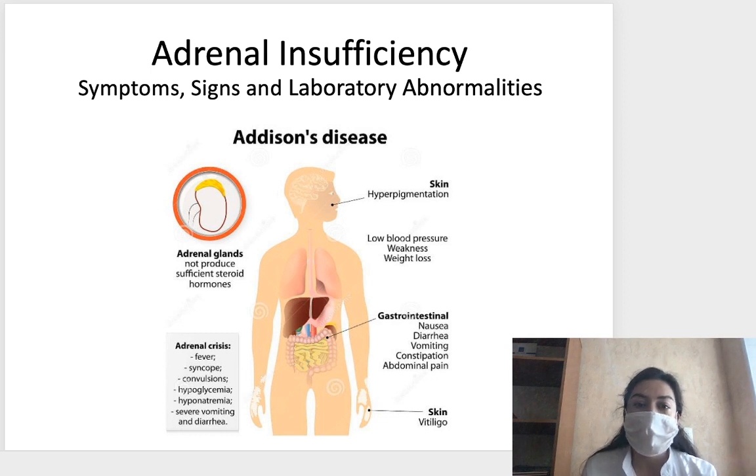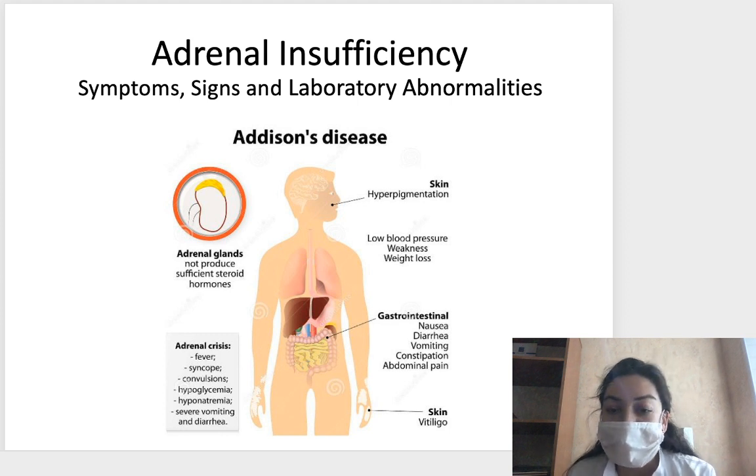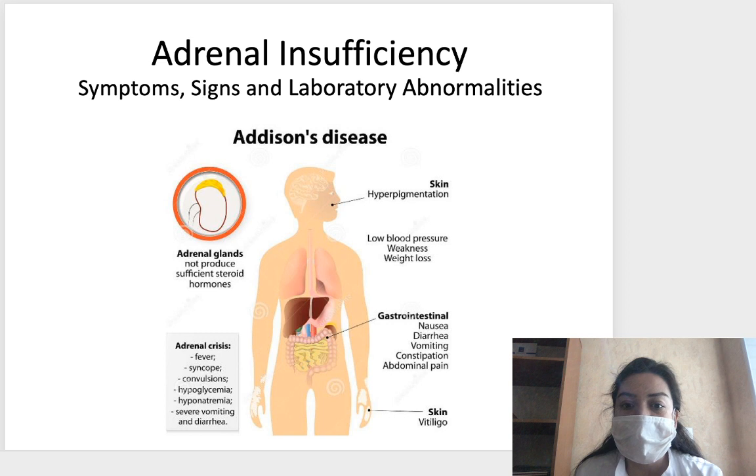Very often in patients with adrenal insufficiency, we see GI symptoms: nausea, diarrhea, vomiting, constipation, and abdominal pain. Moreover, the patient usually complains of general symptoms like low blood pressure, significant weakness, and weight loss. In more extreme, emergent cases that we call adrenal crisis, we can see symptoms like fever, syncope, convulsions, hypoglycemia, hyponatremia, severe vomiting, and diarrhea.